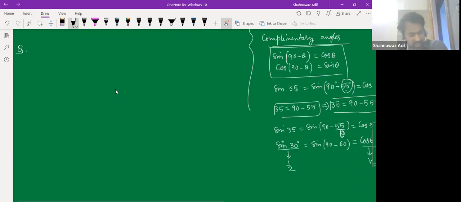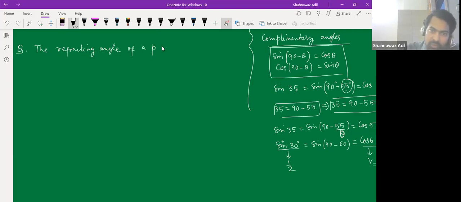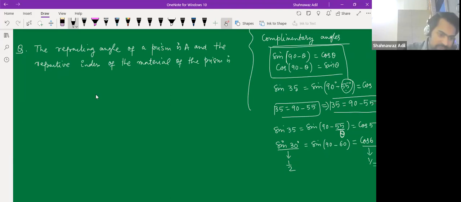So what is the question? The refracting angle of a prism is A, and the refractive index of the material of the prism, and remember this is in air, is cot A by 2, right?